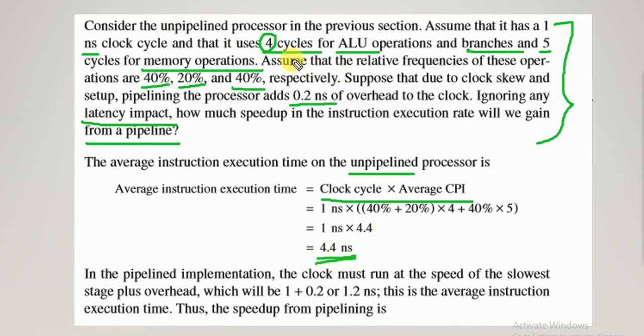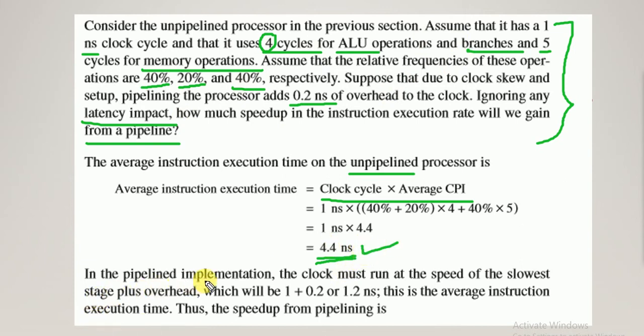So for executing one ALU operation, branch operation, and memory operation, totally it will take 4.4 nanoseconds. One clock cycle is 1 nanosecond.